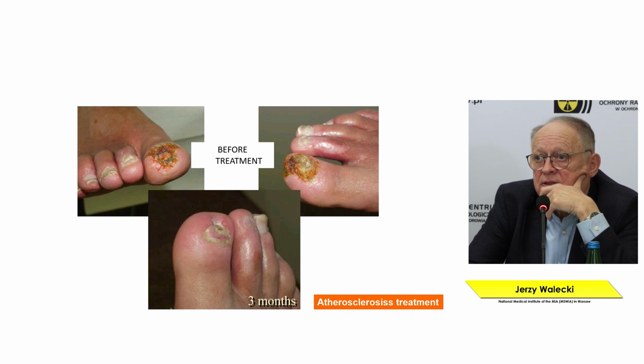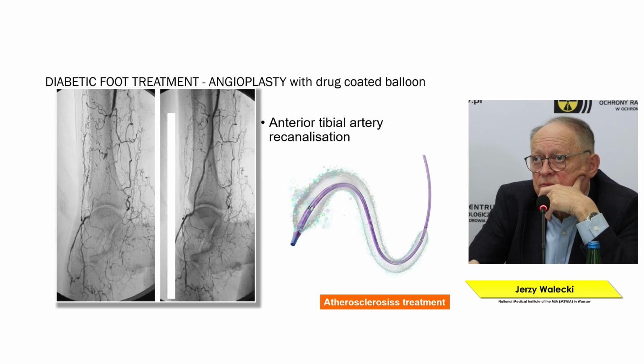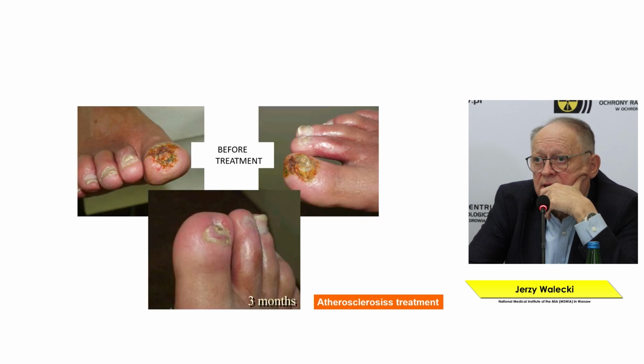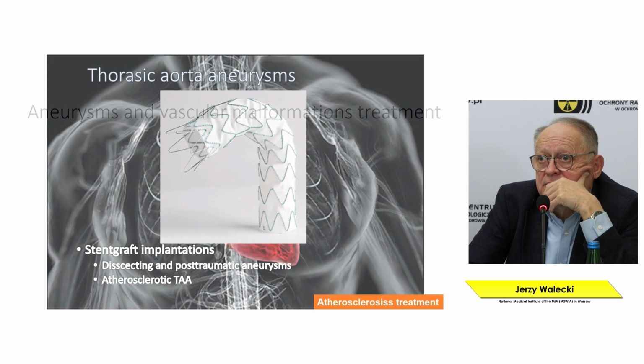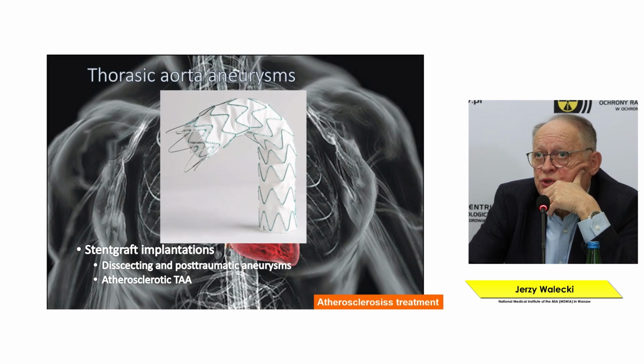So here you can see a patient with diabetes before treatment and 3 months after the treatment using the balloon. So arteries have been provided with the stents, and you can see a therapeutic effect. So here you can see a scar left after the healing process.